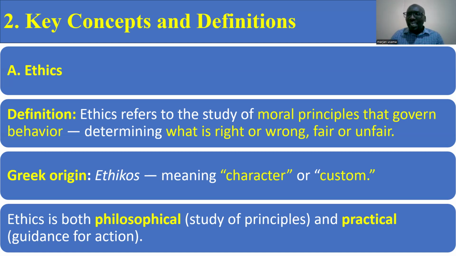You need to study about what business ethic is. And number two, it is also practical. Practical means guidance for action. So before you do anything, you need to refer to something, to the code of ethics. So we can say ethics is theory, philosophical, and at the same time, it is practical.